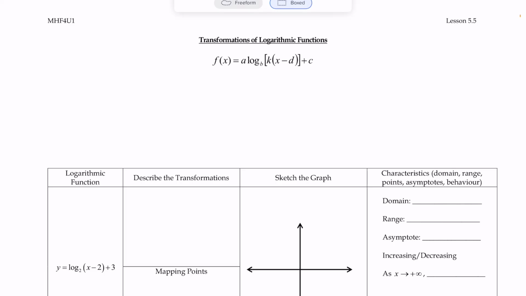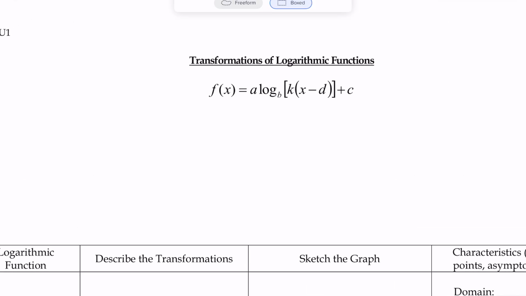Okay, lesson 5.5, we are going to be graphing logarithmic functions. So we've seen this function notation several times now. It's just now we have a logarithm here because we're graphing log functions.